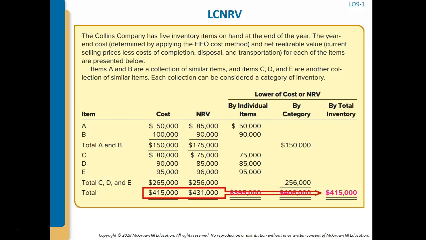As shown in this slide, applying the LCNRV rule to groups of inventory items will cause a higher inventory valuation than if applied on an item-by-item basis. The reason is that group application permits increases in the net realizable value of some items to offset decreases in others. Each approach is acceptable but should be applied consistently from one period to the next.